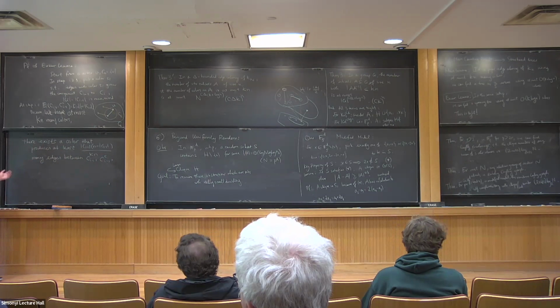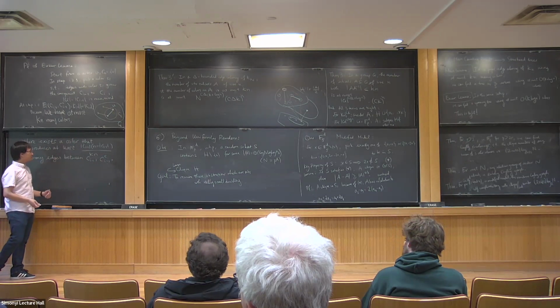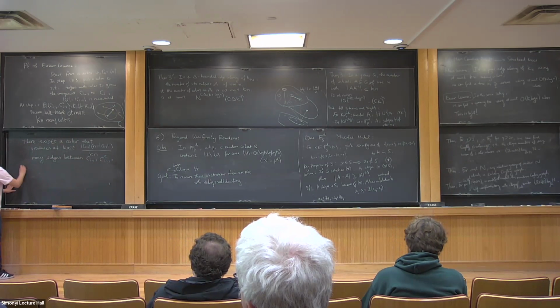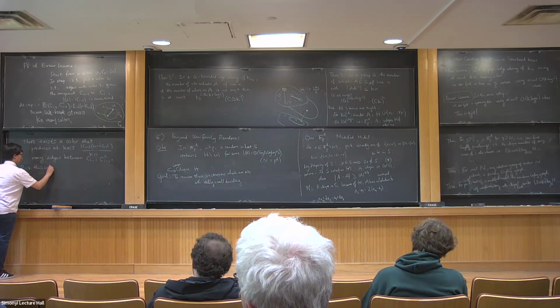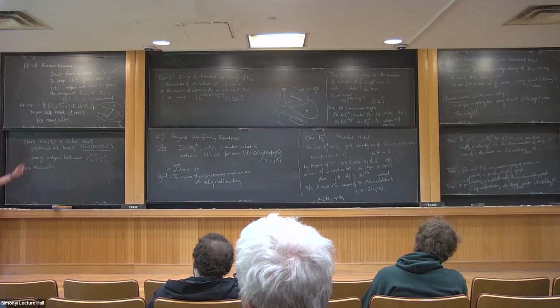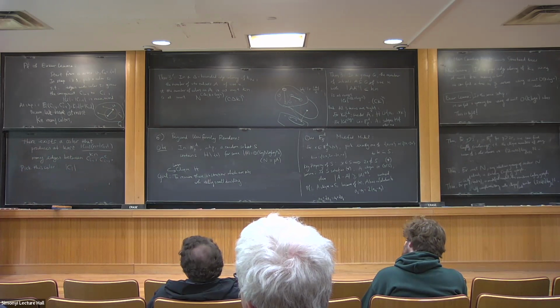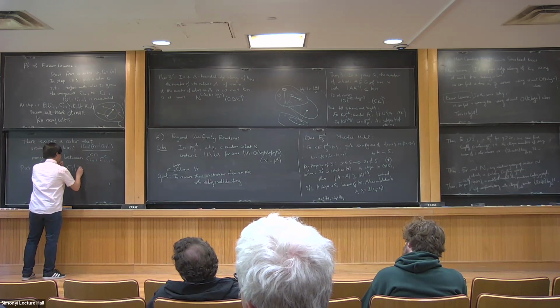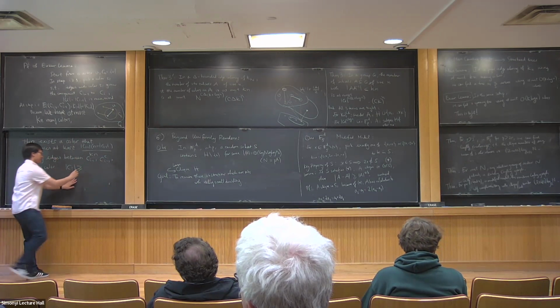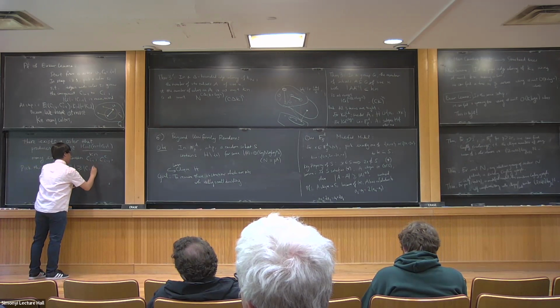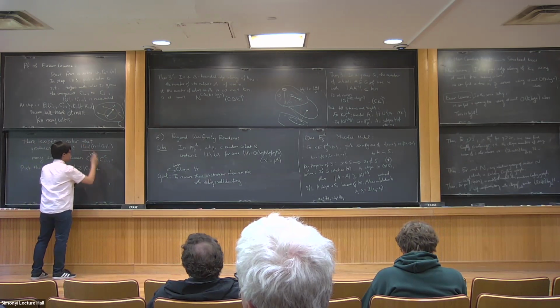Okay, so pick one such color, and now if we pick this color, then the guarantee that we have is that |C_i| is going to be at least |C_{i-1}| plus this quantity here.